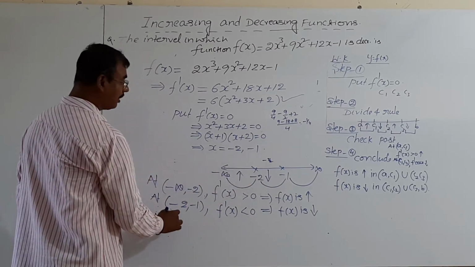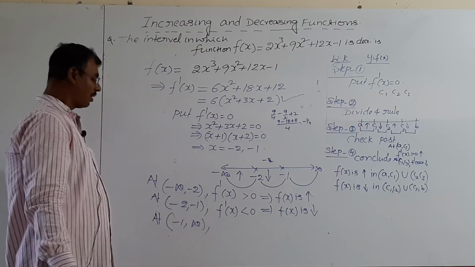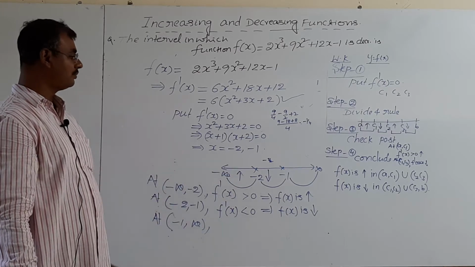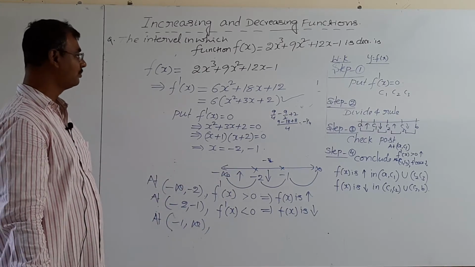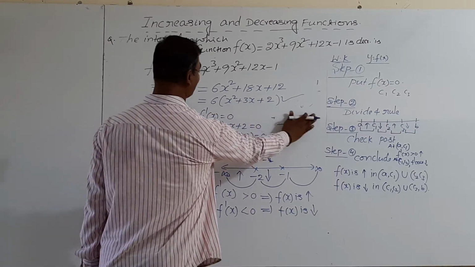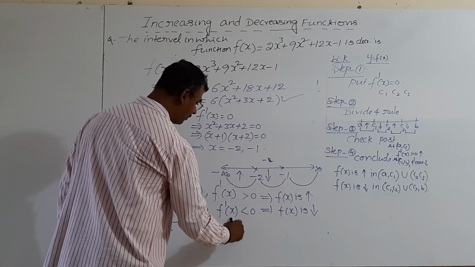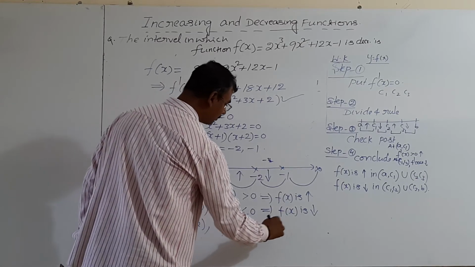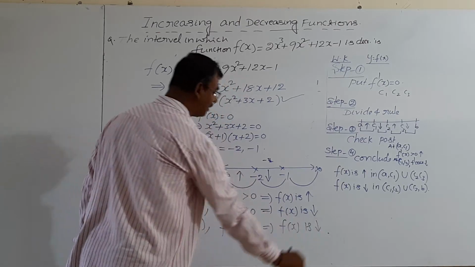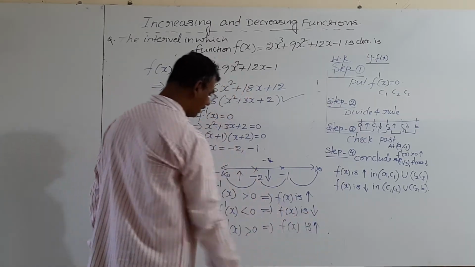So the next interval is -1 comma infinity. In this interval take one number. Shall we take 0? If I take 0, we get a positive value directly. So f dash of x is greater than 0, which means f of x is increasing.